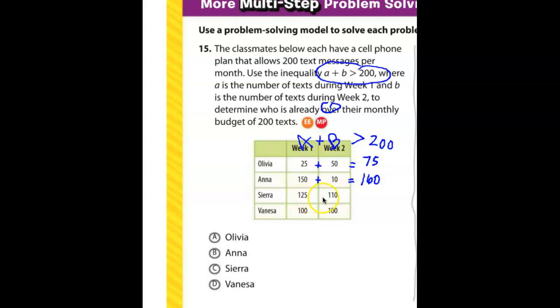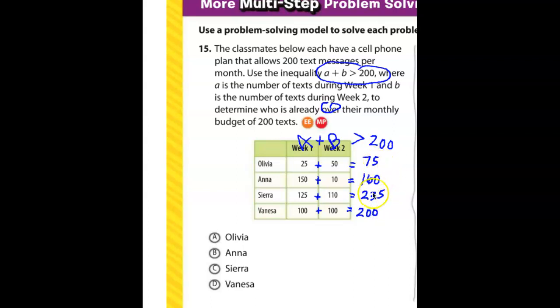What is 125 plus 110? Answer that, please. 100 plus 100 is 200. 25 plus 10 is 35. So that should be 235. And then we have 100 plus 100. What is that going to be? 200. Very good.